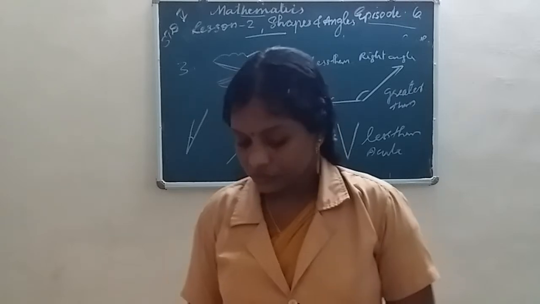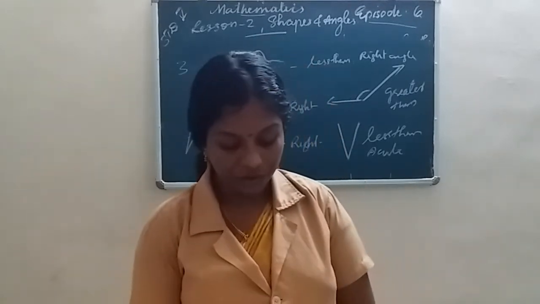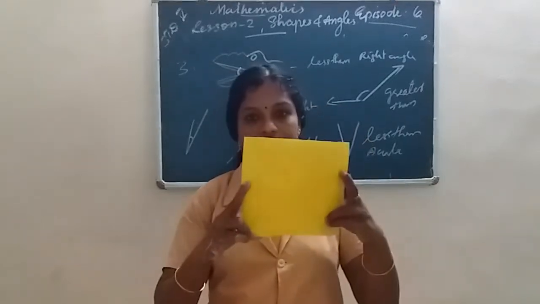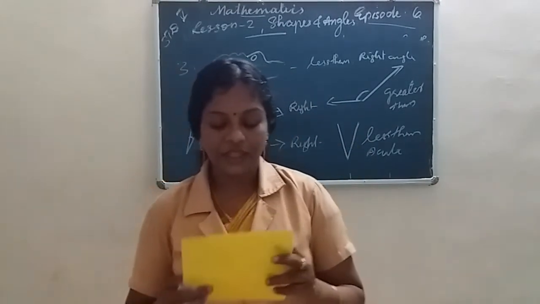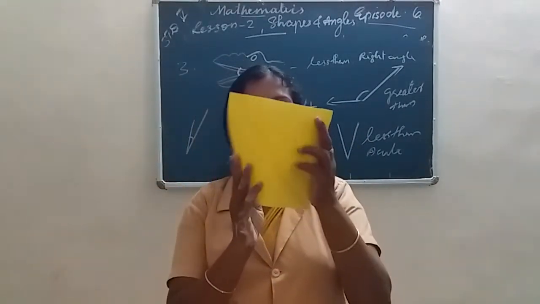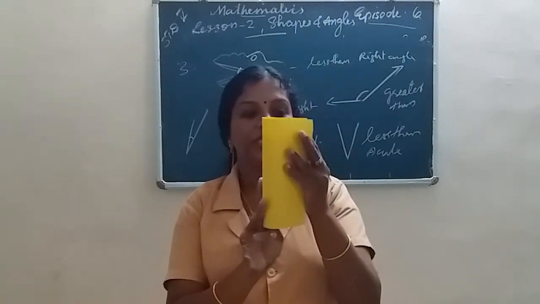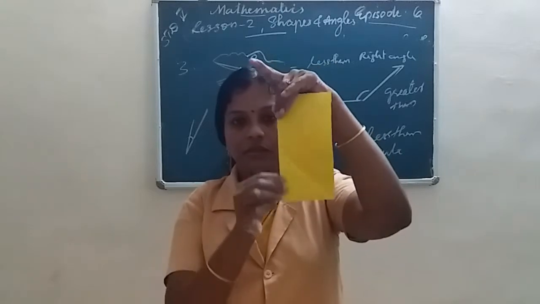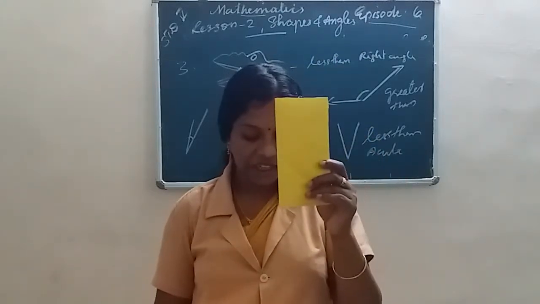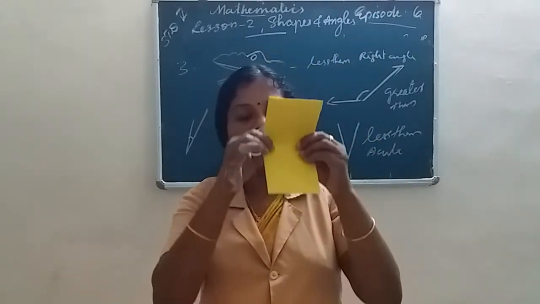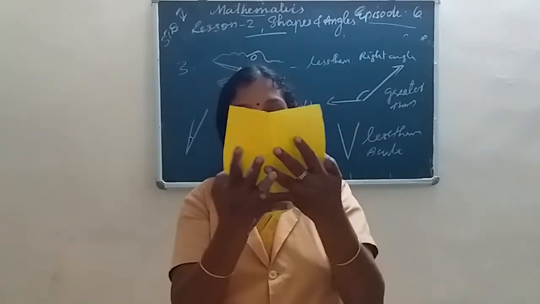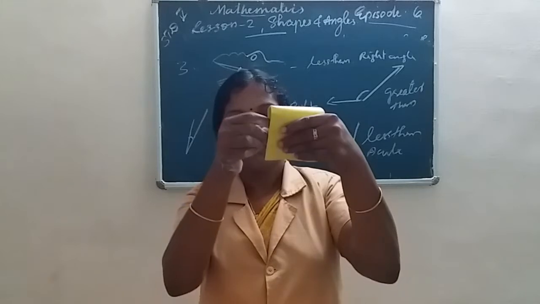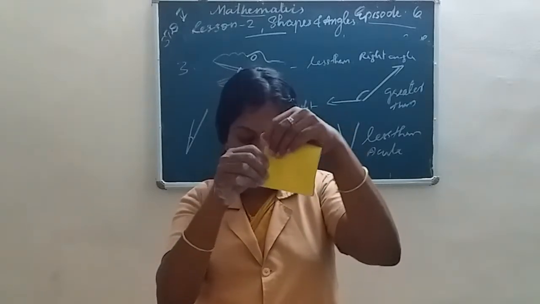Next, there is an activity for you. Take a square sheet of paper and fold it in half. I fold it in half twice like this. Okay, I fold it like this and fold it once more. Again horizontally. First you fold it vertically and then fold it equally horizontally.